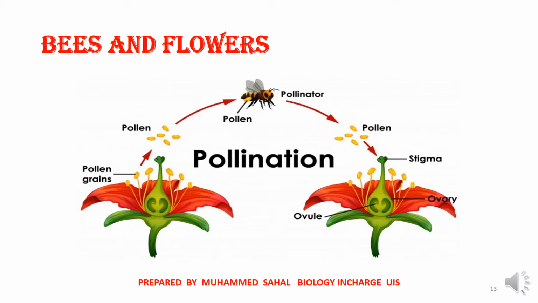Now, bees and flowers. Look at the diagram. The pollen grains, the pollens are there. The scent from a flower producing the nectar travels through the air. It may stimulate the receptor cells of a honeybee and the insect flies towards it.